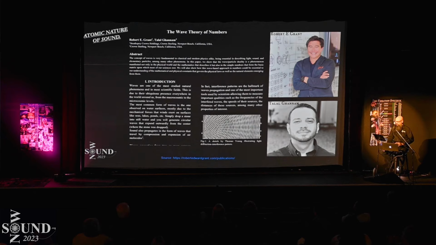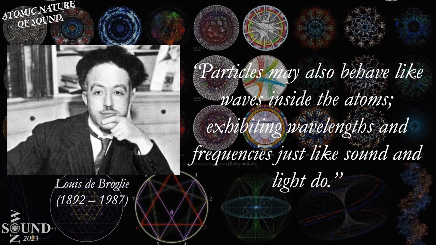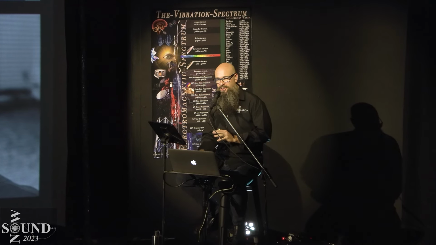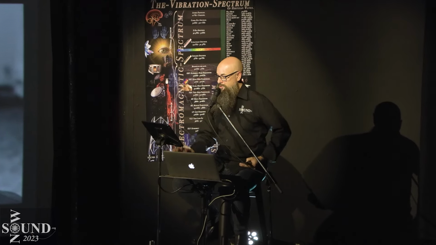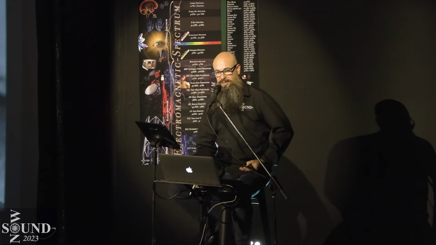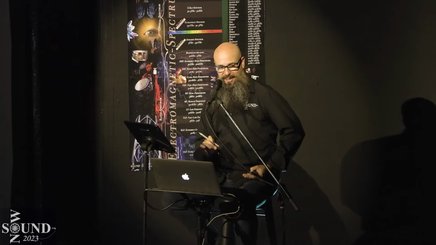And then if we look at Louis de Broglie, I probably pronounced it wrong, particles may also behave like waves inside the atoms, exhibiting wavelengths and frequencies just like sound and light do. And then this smallest vibration of energy that we know, called the quarks, in string theory, is believed that the quarks are like vibrating strings.